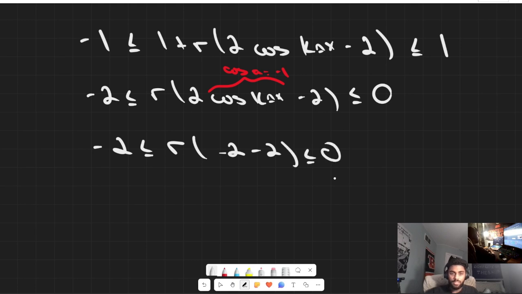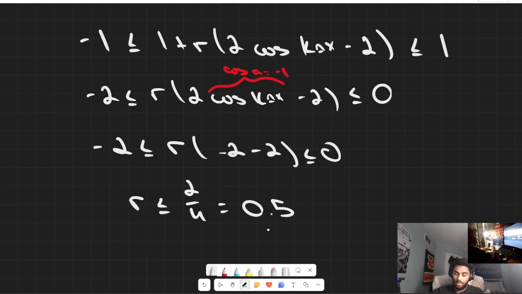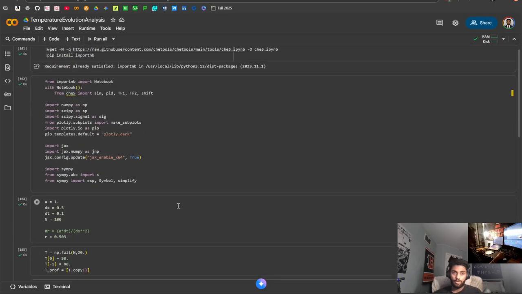And I think you can see where this is going now. So minus 2 minus 2 is equal to minus 4. Divide over to this side, we get that our r has to be less than or equal to 2 fourths, equals 0.5. And that is exactly what we saw over here.